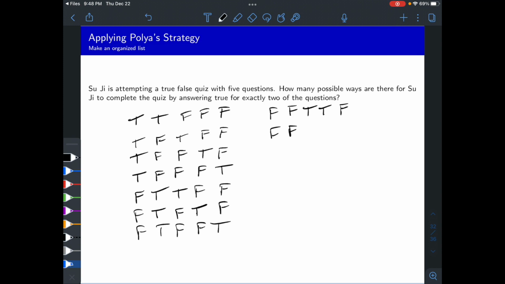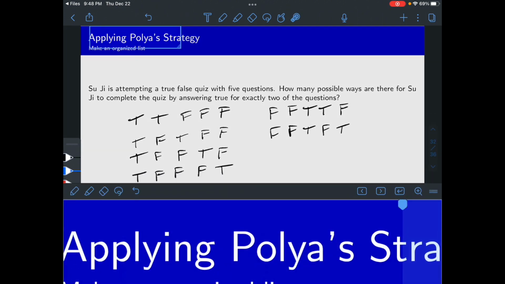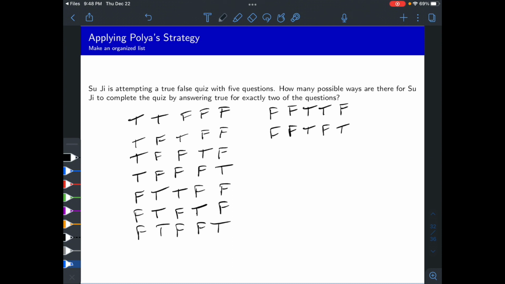And then we'll do false, false, and then we'll keep that third answer true, and then make that next one false instead, and then end with true. And then we run out of options where we have false, false, true, so we'll have to do false, false, false, and then this next one has to be true, and then the next one has to be true.